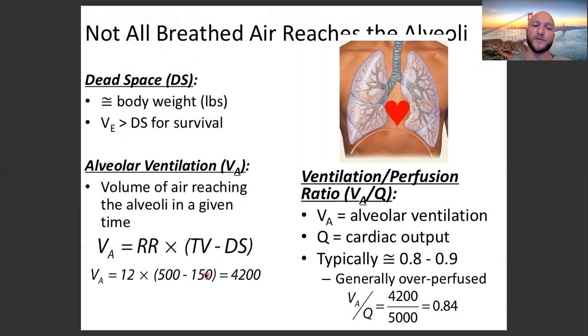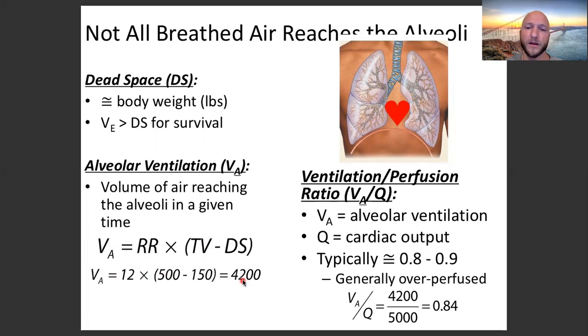Dead space volume is roughly 150 milliliters. That's a good average number. So let's go back to our equation. We've got 12 breaths per minute respiratory rate times 500 minus 150 in the brackets. So tidal volume minus dead space. Well, that's going to give us 4,200 as our alveolar ventilation.